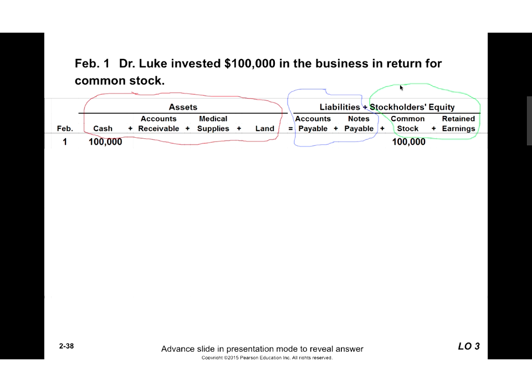So our accounting equation after this transaction is assets of $100,000 equal liabilities of $0 plus equity of $100,000. So we are in balance. Right now, as of the close of business on February 1st, we have $100,000 in cash and we have $100,000 in common stock. Okay? So that's the first transaction.